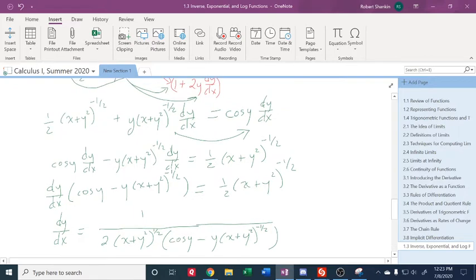Questions on number 40? One question. Yeah. How would you be able to go up just a little bit and see how you took the derivative of x plus y to the 2 power, half power?